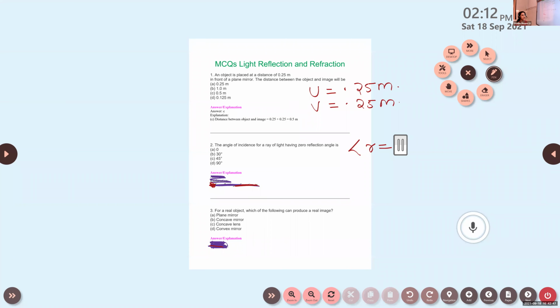Then what is the angle of incidence? What is the correct option, A, B, C or D? Option A is right. Here the angle of incidence is also equal to 0. What's the reason? I need the explanation.